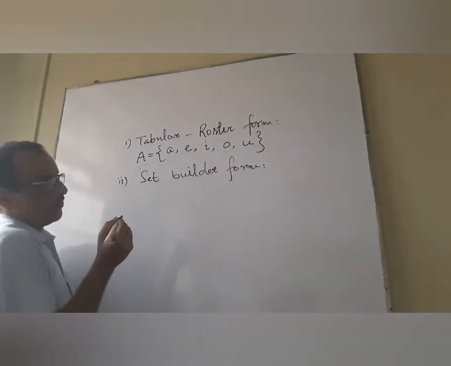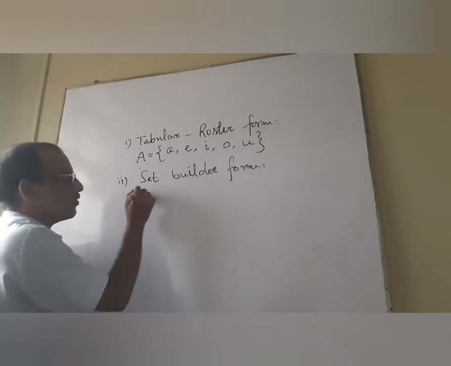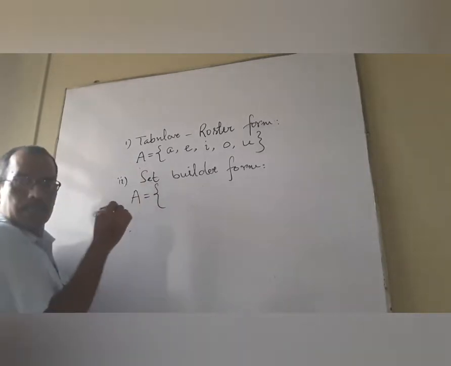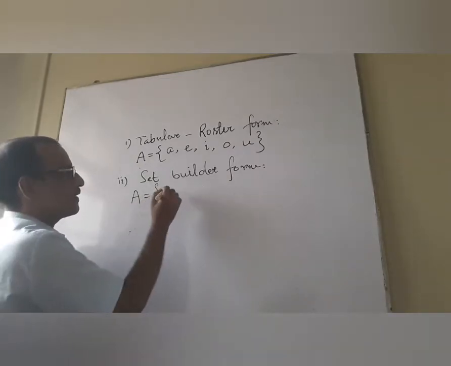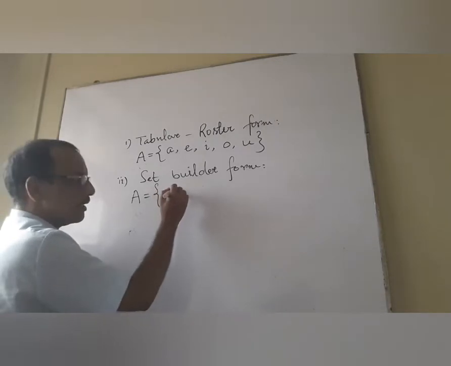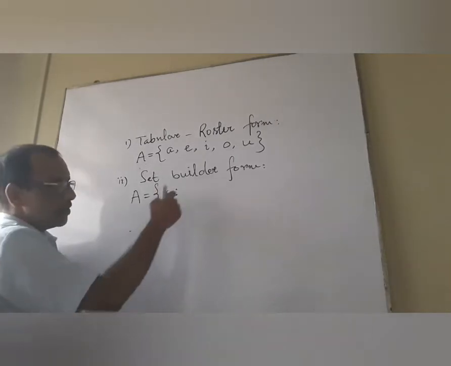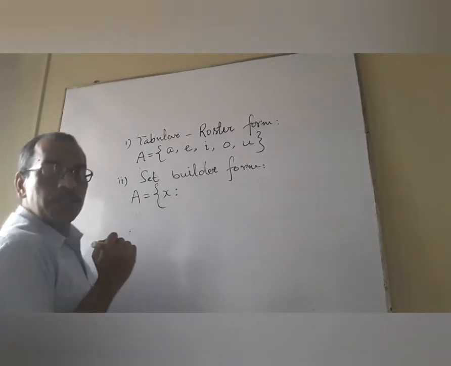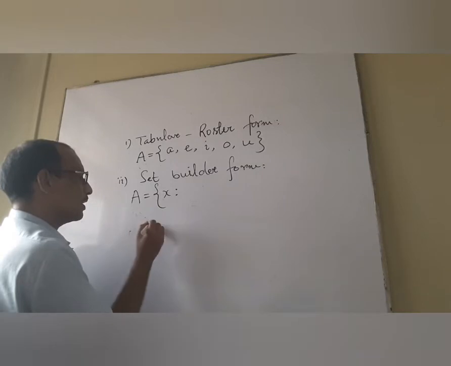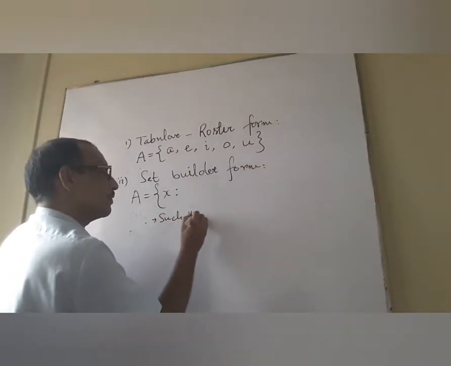This is a must. In set builder form, we don't write all the elements. We write a representative, say x, and then we use a colon. The colon we read here in sets as "such that".